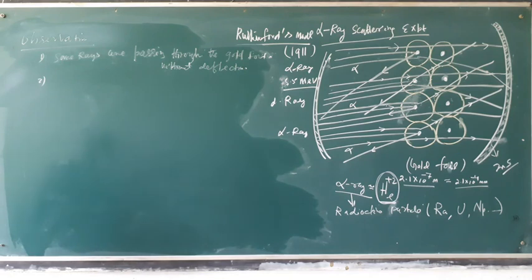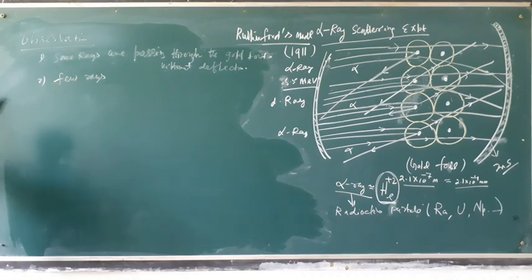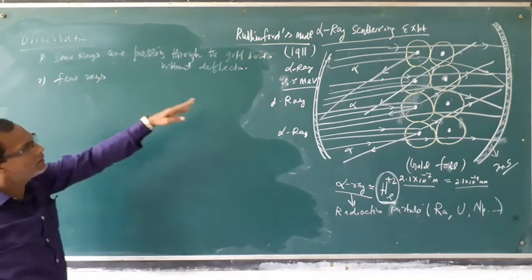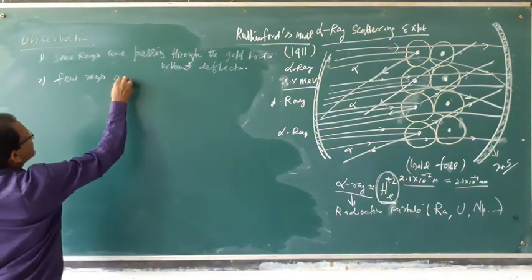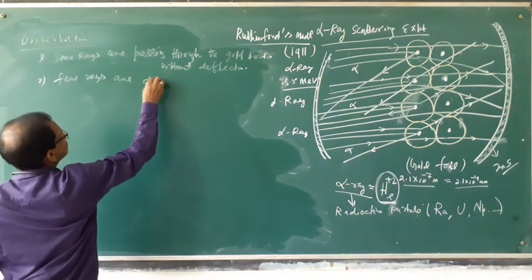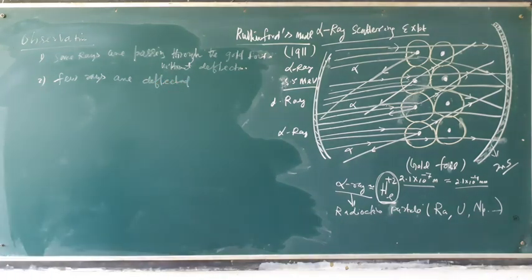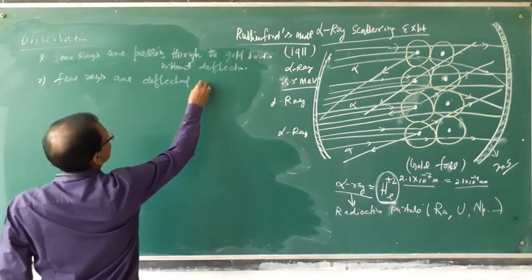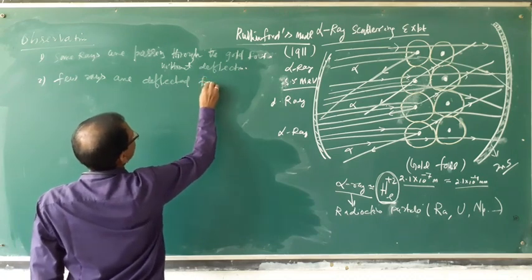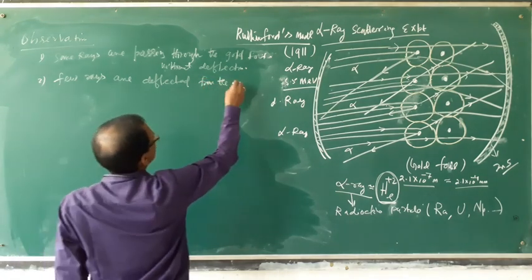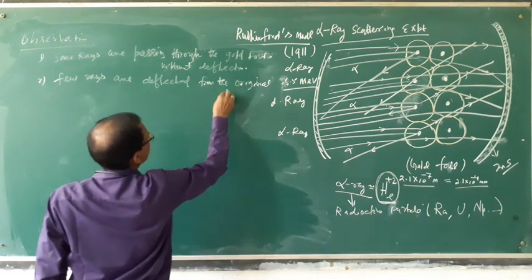Second observation, few rays, means less than the first observation. Few rays are deflected from the original path.